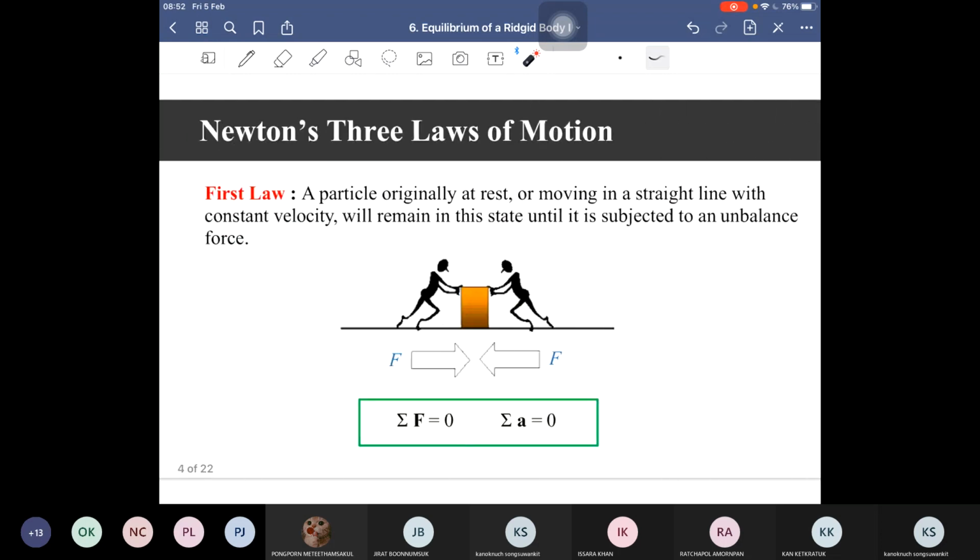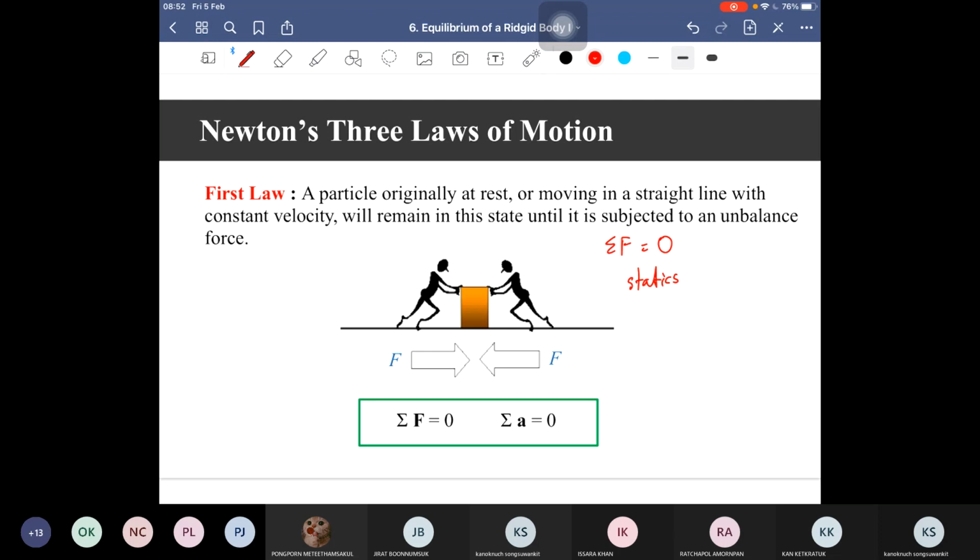Now the first law of Newton. To study equilibrium, we need 2 laws. The first law says that a particle originally at rest or moving in a straight line with constant velocity will remain in this state until it is subject to an unbalanced force. Or it can be expressed as the equation sigma F equal to 0. But for statics, we need to consider 2 conditions.